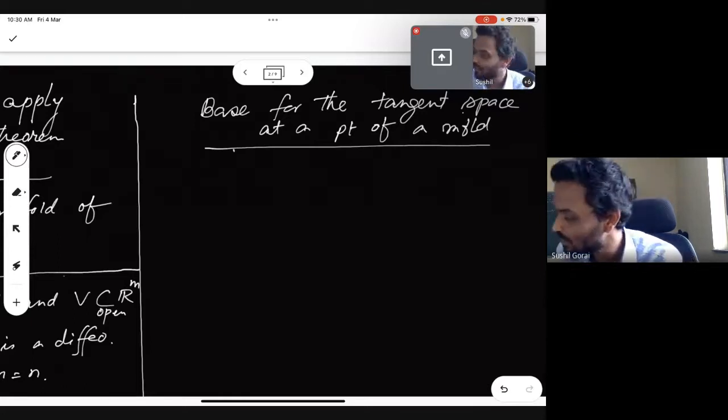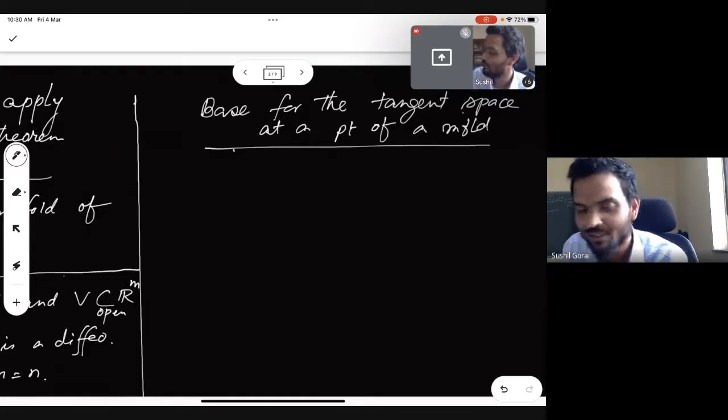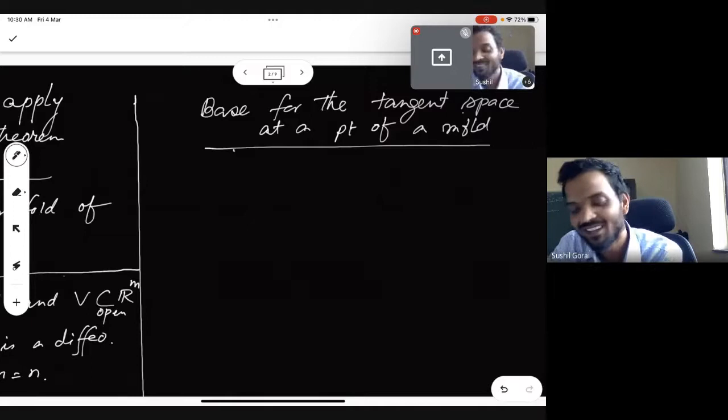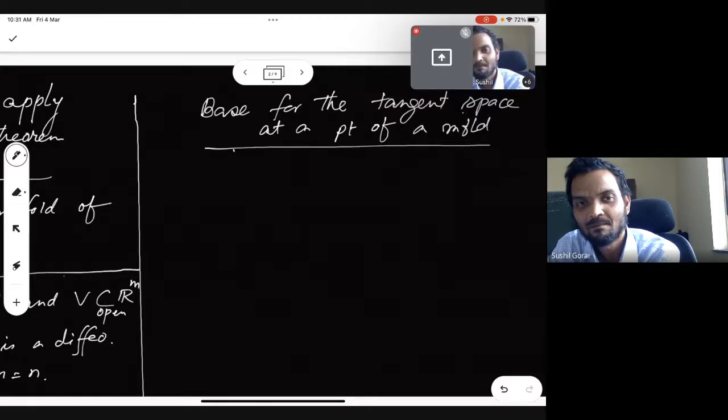So this is a very simple argument. Can you just guess an argument or just think of an argument? What maps should you use? Any idea?